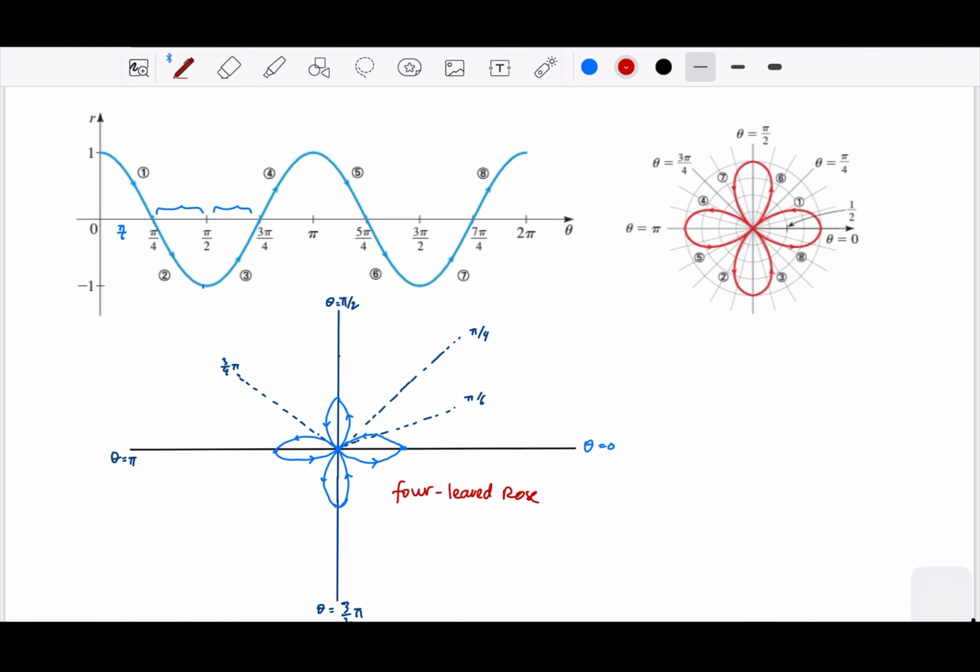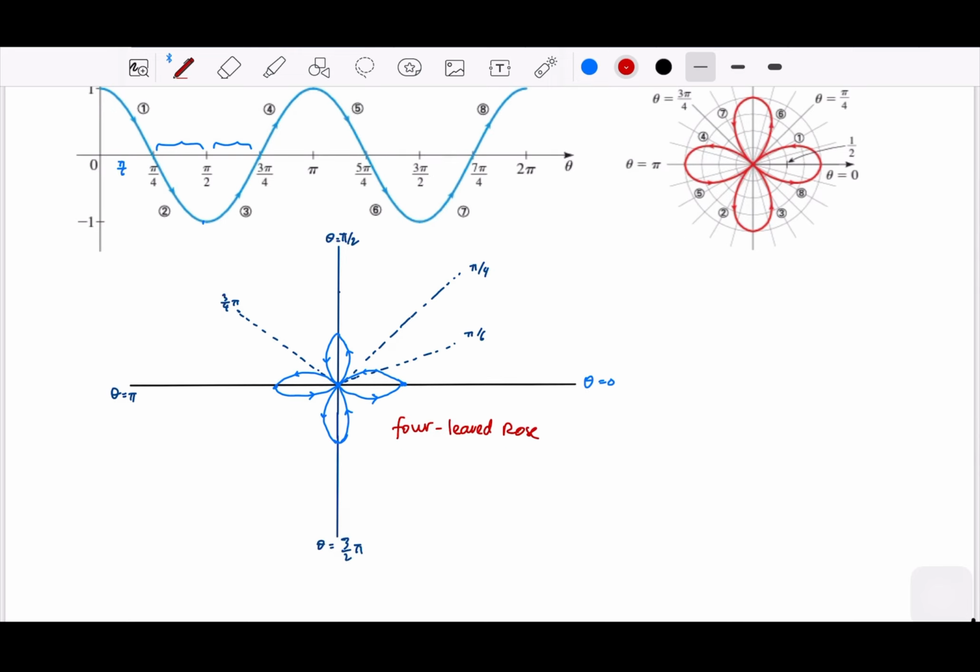At least we will have four different main polar curves: the circle, the rose like this, the cardioid or limacon, and the lemniscates. We have four different patterns for all of that.